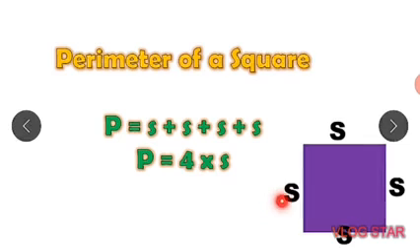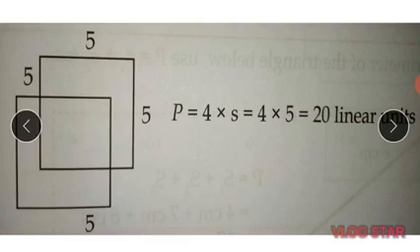Since the sides of a square are the same in length, we can write perimeter is equal to 4 times s. I will repeat: the formula for perimeter of a square is 4 times s, or s plus s plus s plus s. Just add all the measures of each side.